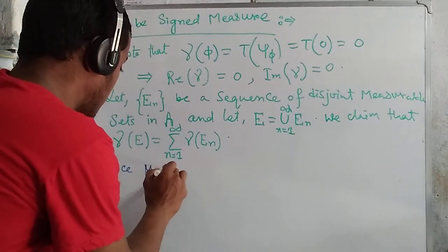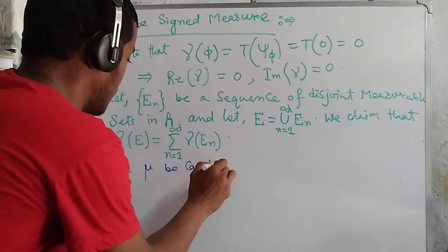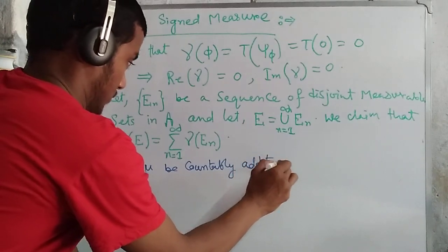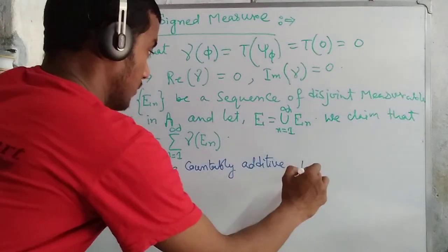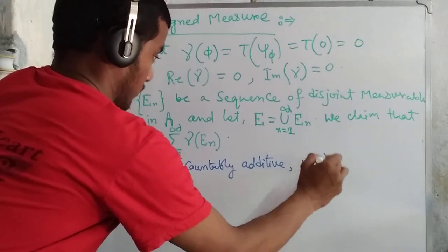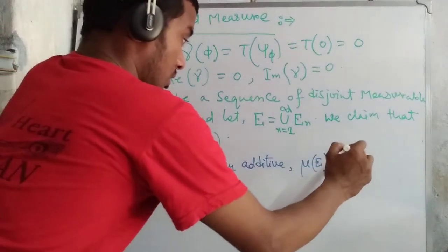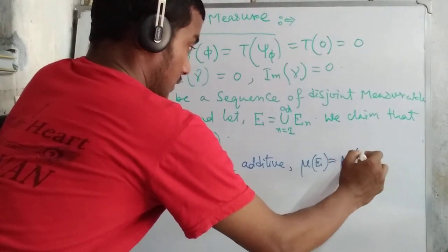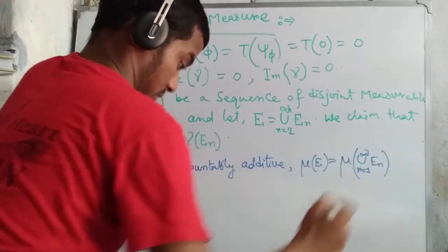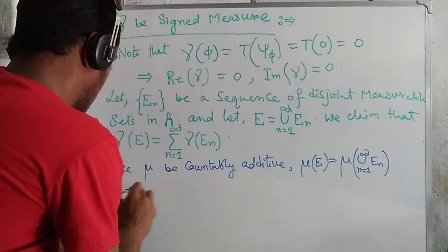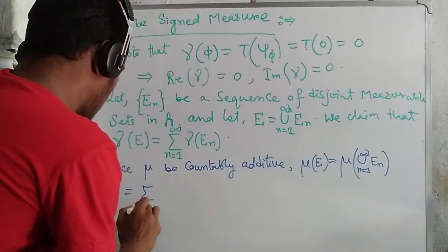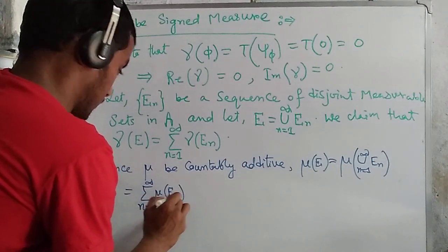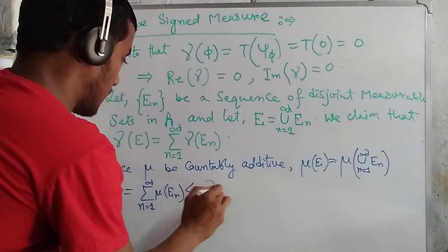Since mu is countably additive, then mu(E) = mu(union of n = 1 to infinity En) = summation of n = 1 to infinity mu(En) < plus infinity.